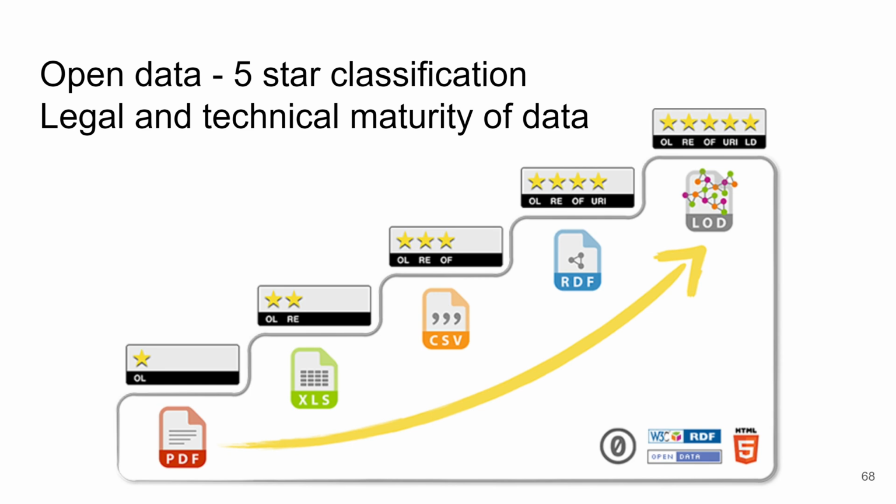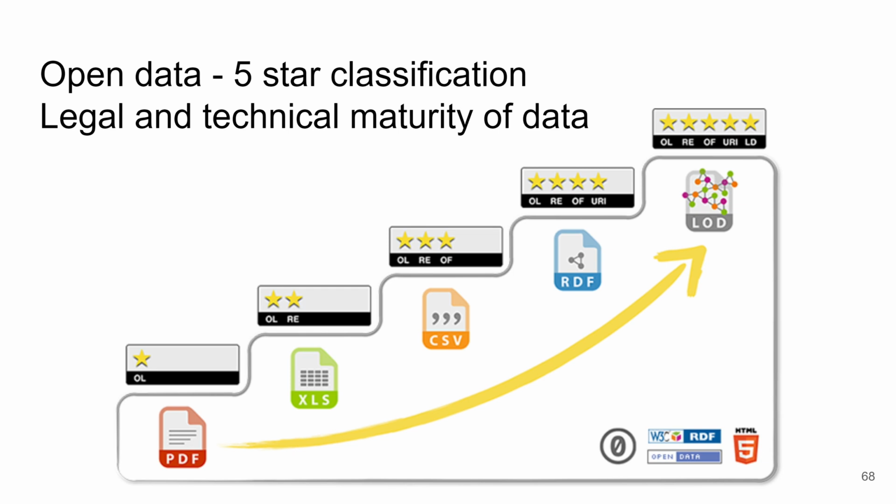So the first star of open data is when you publish your data technically in any format you want. It can be a PDF containing a scan of a table, for instance, so a nasty thing to work with. However, if you attach an open license to it, saying that everyone can do with the data whatever they want, you have 1-star open data.